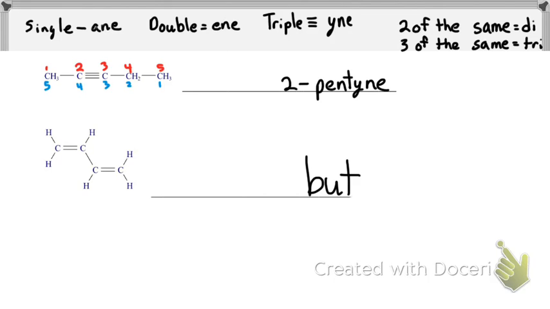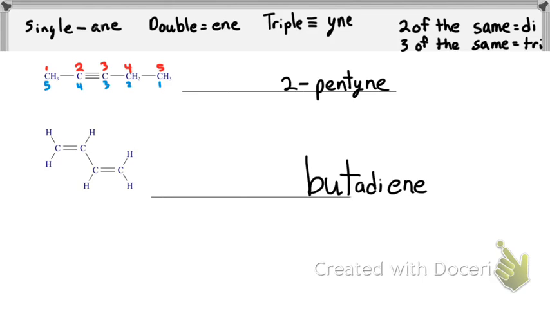Now I'm going to leave some space here between those two. Because remember, the other thing we have to know is that just like with our branches, if there are 2 of the same, it is di. If there are 3 of the same, it is tri. Well, we have 2 of the same type of bond. So this is a diene. So it is butadiene.